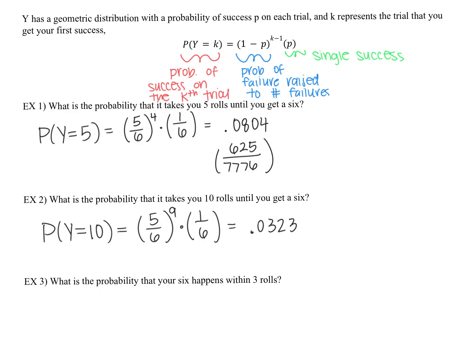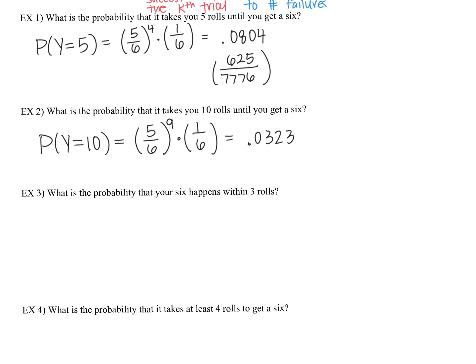And then we can also do inequalities with these distributions. So if we want to know the probability that your 6 happens within 3 rolls, that's the probability that y is less than or equal to 3. So that means that it could happen on your first roll, your second roll, or your third roll.